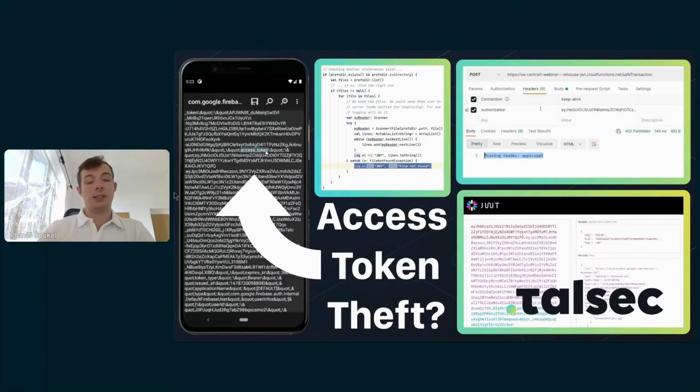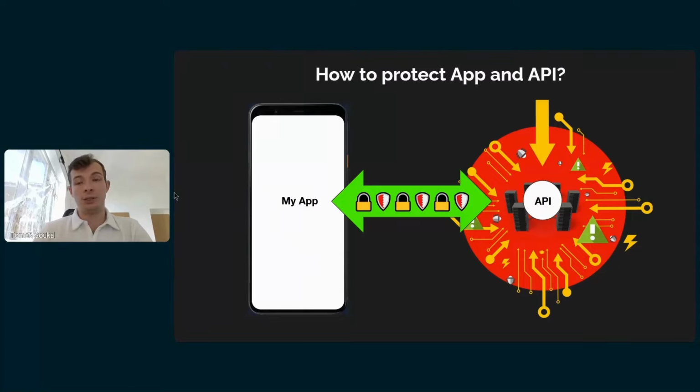Similarly, we did recently some exercise with an application where we extracted its JWT token and then tried it against the backend. So I will show you how we did it. So now I'm moving to the part where I'll be discussing more the API side of your mobile application. I mean the backend that you already use.